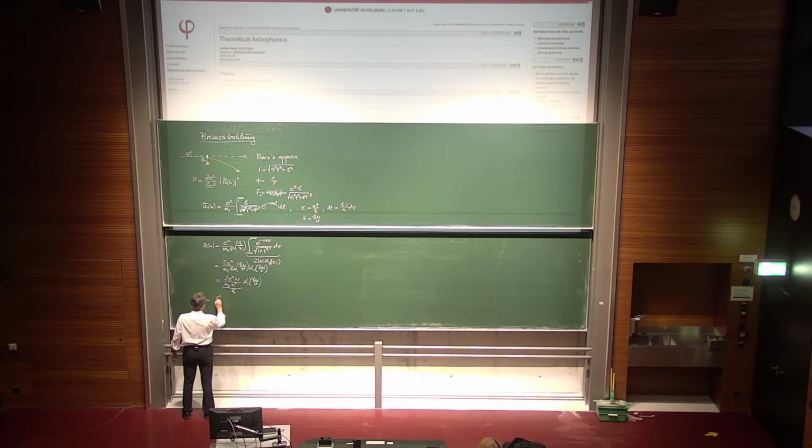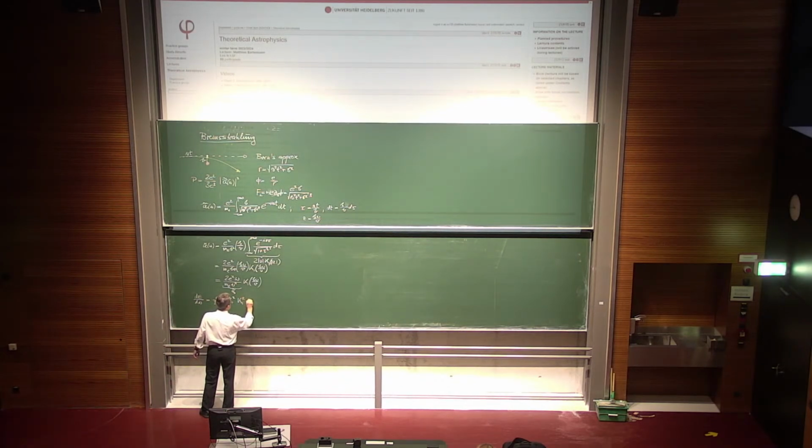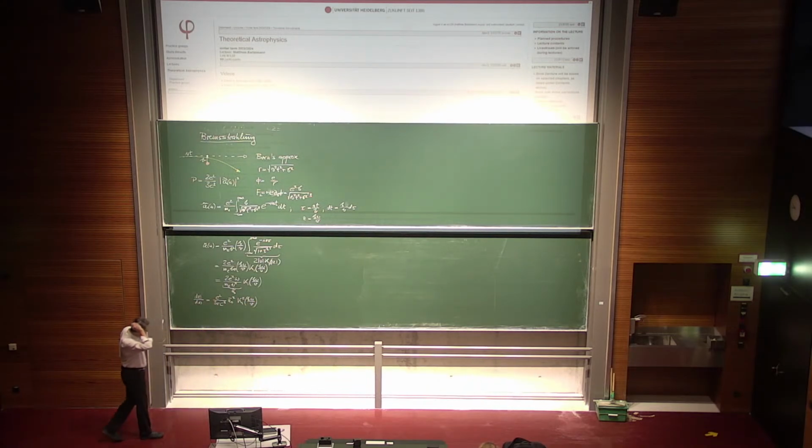This is going to be E squared divided by 3 pi c cubed, A0 tilde squared, K1 squared, B omega over V.